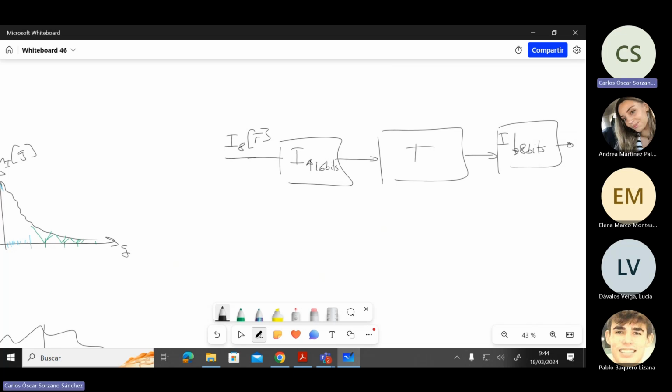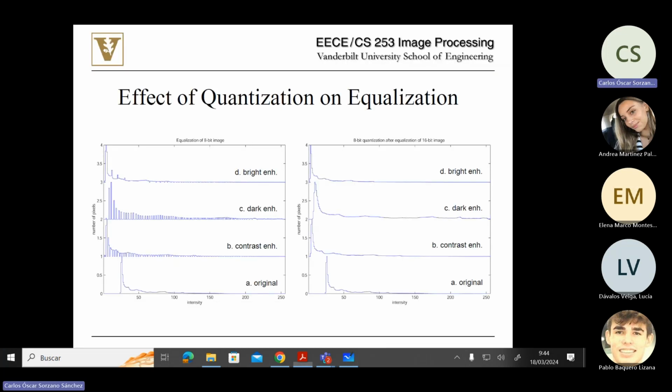So this is a very general scheme. You start with an image with a given step size in intensity. You double it. Now you have more precision. You do your transformation and then you come back. And you see that all these problems that we were having in the histograms, like having zeros, having spikes, now they disappear, because you do the operations with higher precision.